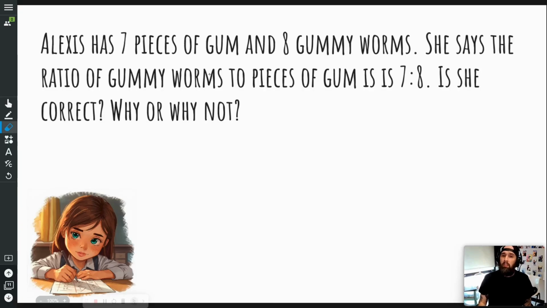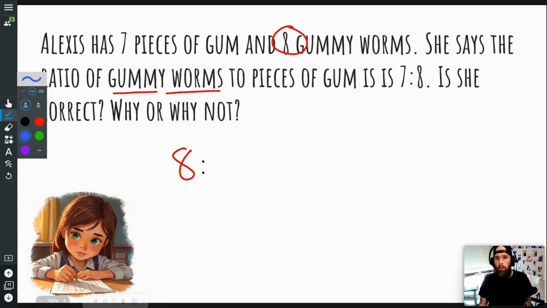Alexis has 7 pieces of gum and 8 gummy worms. She says the ratio of gummy worms to pieces of gum is 7 to 8. Is she correct? Why or why not? All right, so she wants the ratio of gummy worms first, which is 8. So we're going to put 8 to pieces of gum, which is 7.